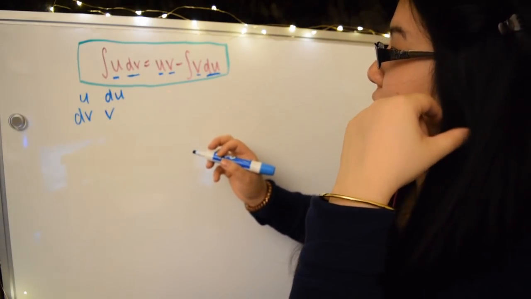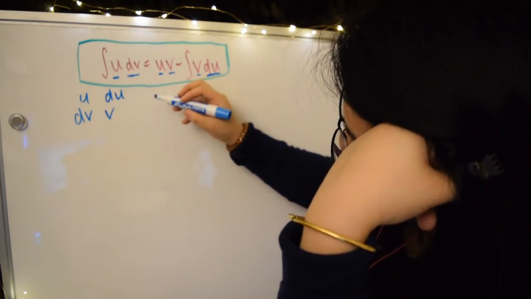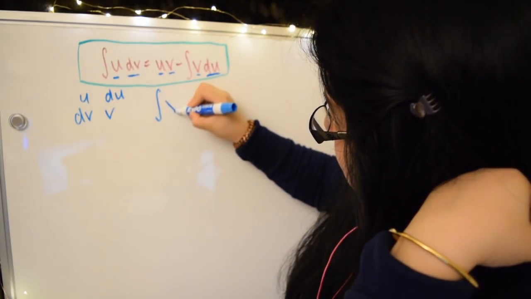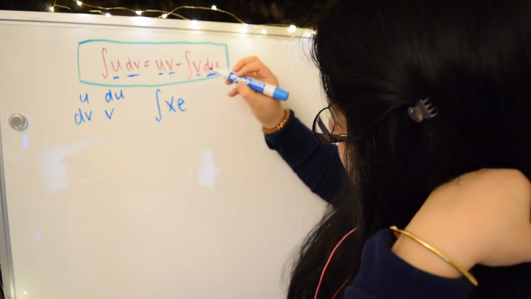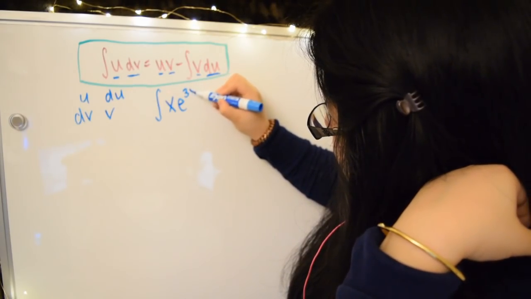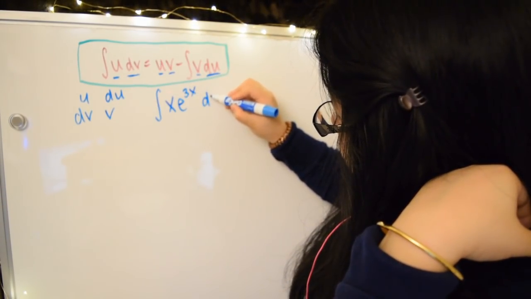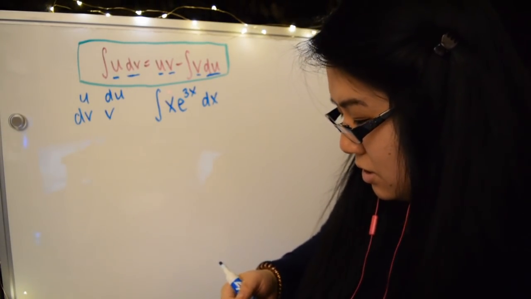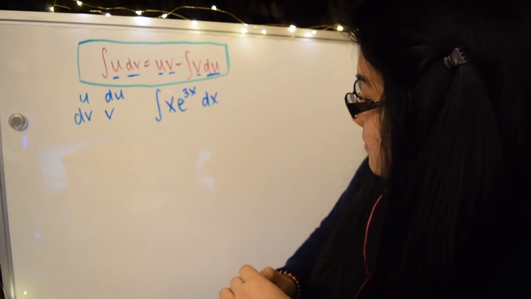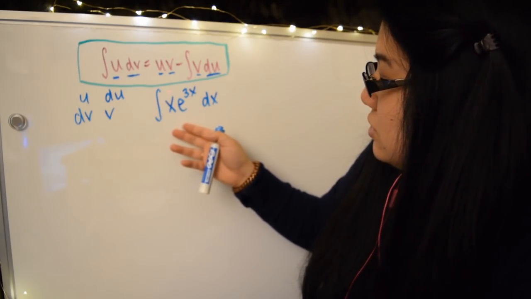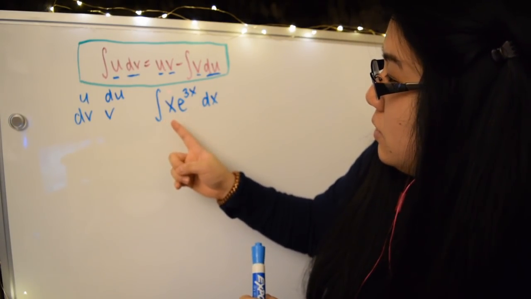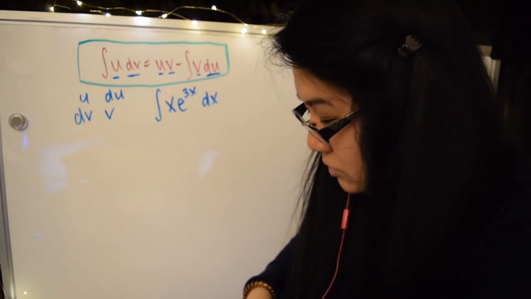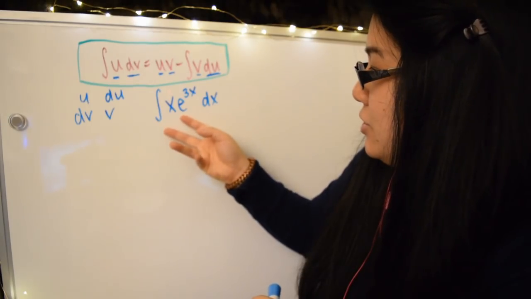So let's work through an example. Let's say we have the integral of x e to the 3x dx, so with respect to x. So here's the thing. We can try to do our regular integrals, our basic integrals, but you'll notice that we can't really do it here.